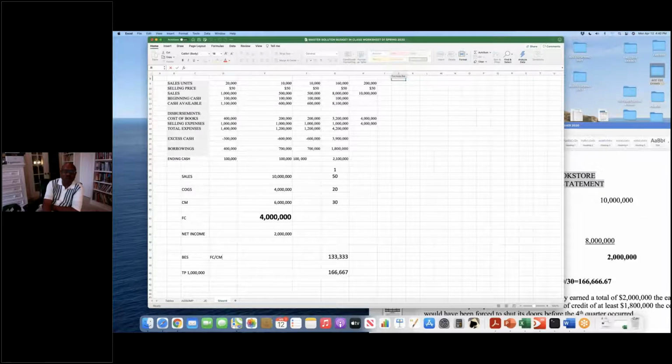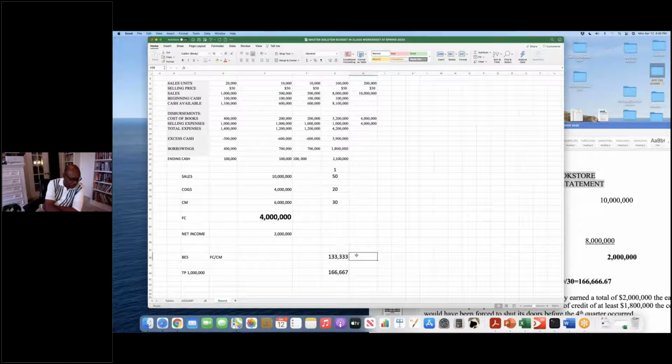Now you said that's the break-even formula. Okay, and then what was the other one you said? The target profit formula is when you do fixed cost plus target profit. In this case, the target profit was $1 million. So normally you'll have a number, and he's been using $1 million. So you do your fixed cost plus the target profit, divided by the contribution margin.